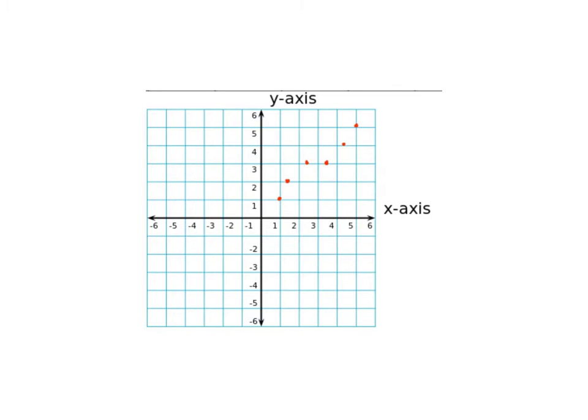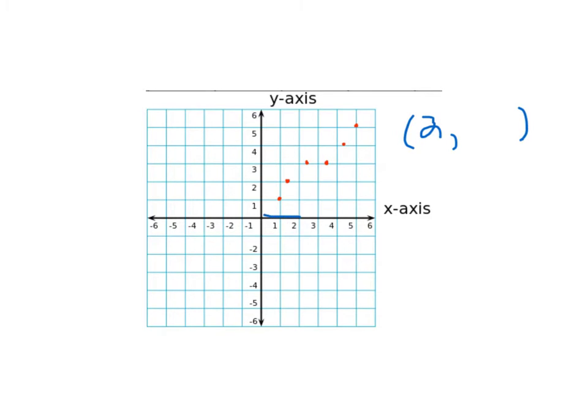So if we were to interpolate information, finding a value between two known values, we could look at the information that is plotted here, and if we were trying to then figure out when x is 2, what is y?